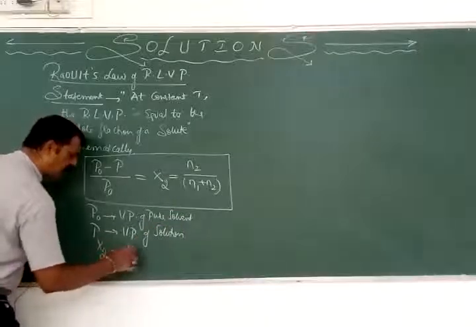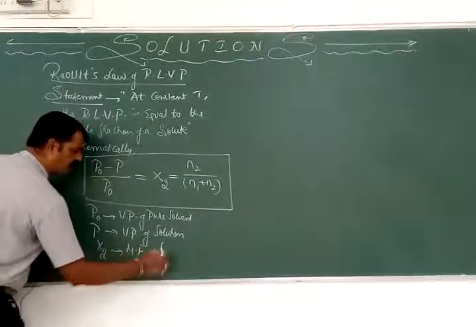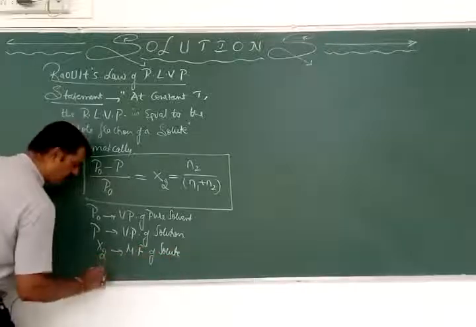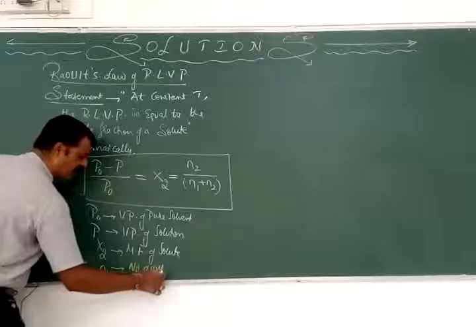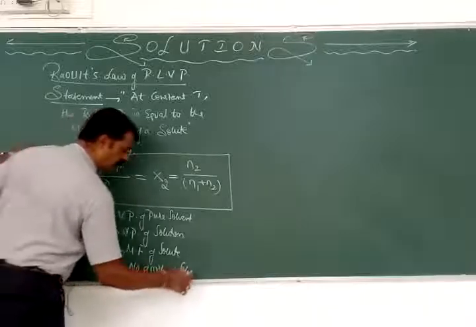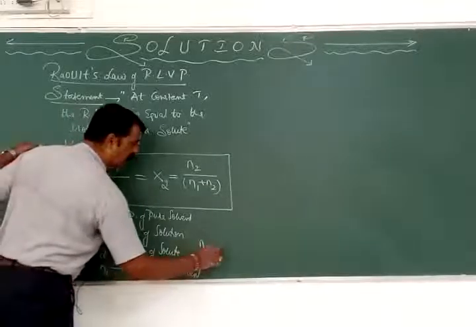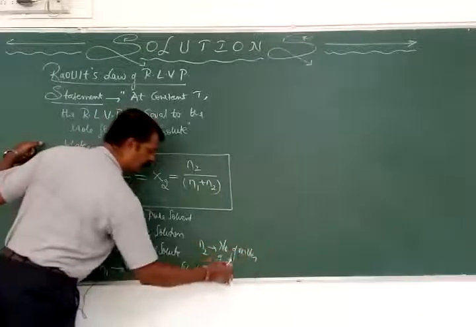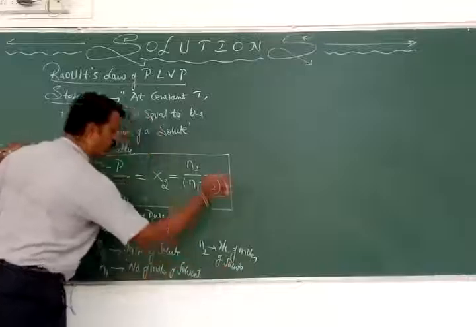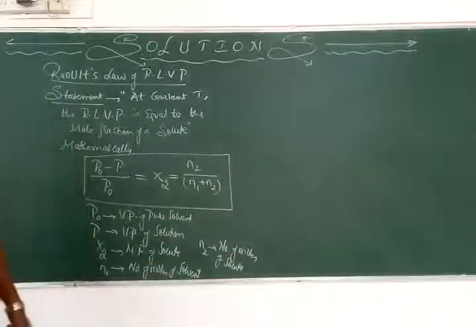X2 is called the mole fraction of the solute. N1 is the number of moles of solvent, whereas N2 is the number of moles of solute. So this is the mathematical statement of Raoult's law of RLVP.